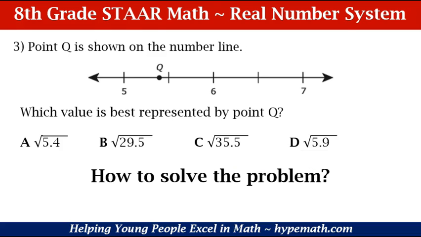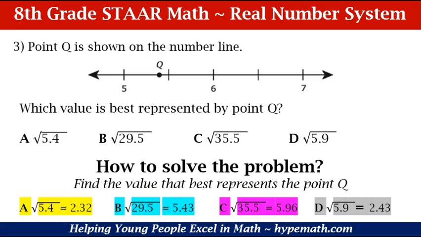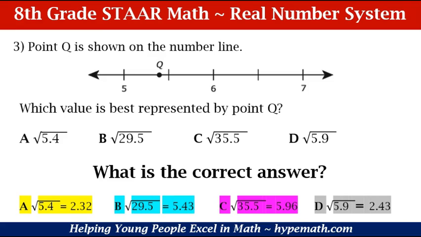How do we solve the problem? That's easy. We just need to find the value that best represents the point Q. So in looking at our answer choices, what would you say is the correct answer?